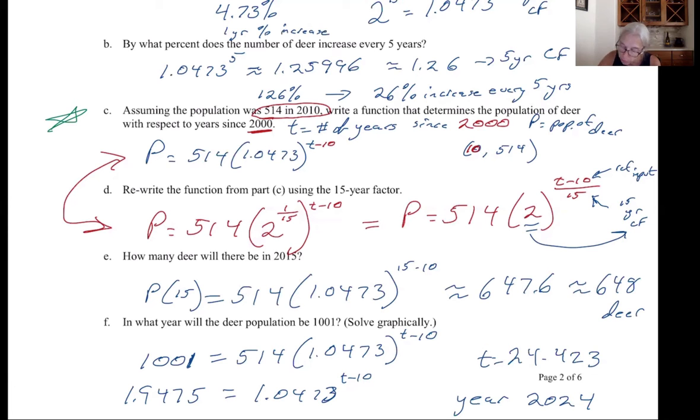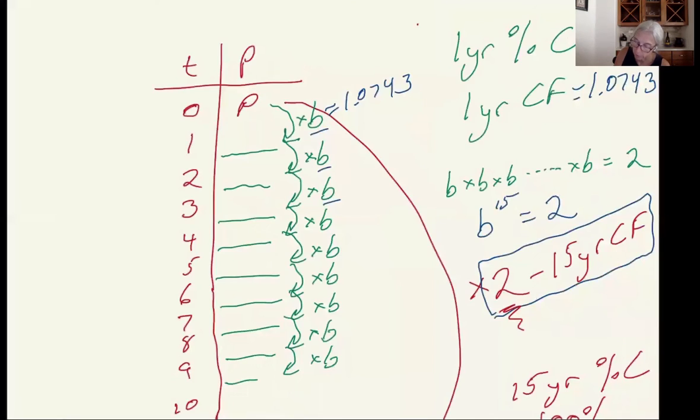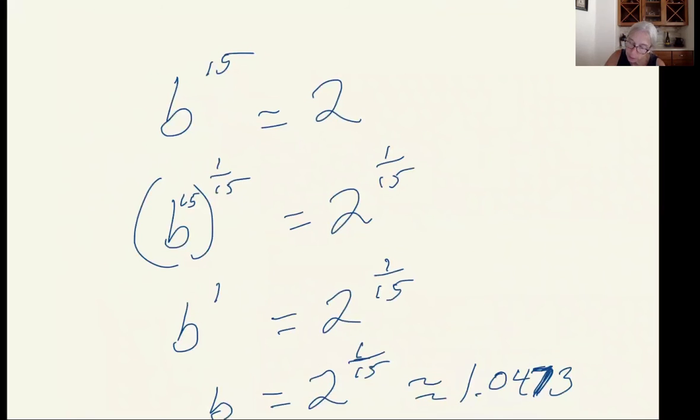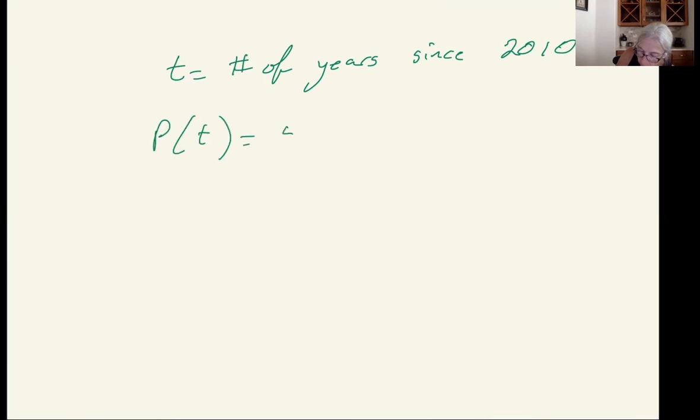So if I would have said that I want t to be the number of years since 2010, like I had originally started, then my formula would be P at t equals 514 times 1.0473 to the t.